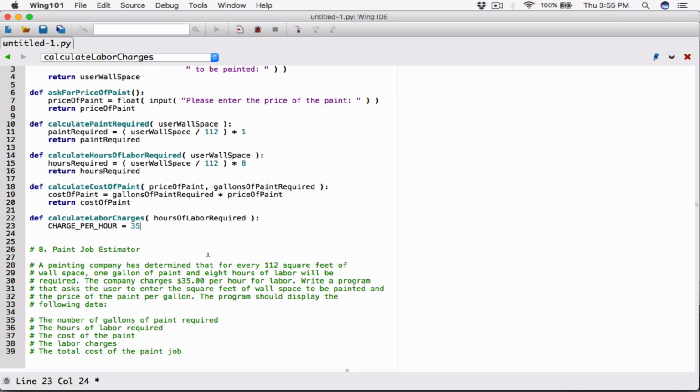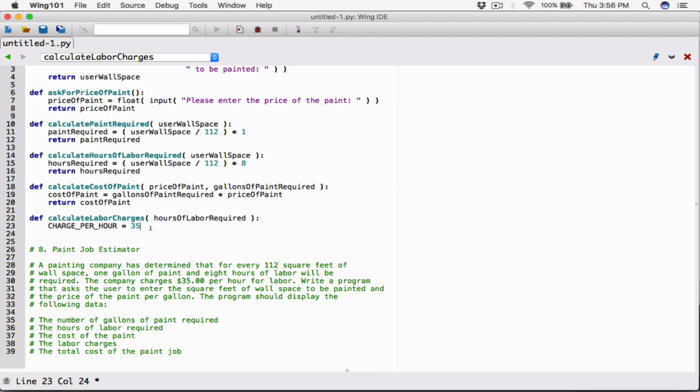Although there's a global keyword where you can refer to a global variable, naming it in capital letters lets me know that this is a constant-like value, although it's a variable.